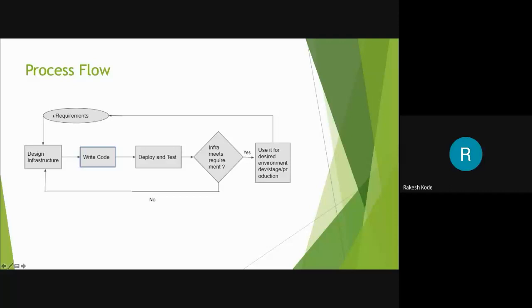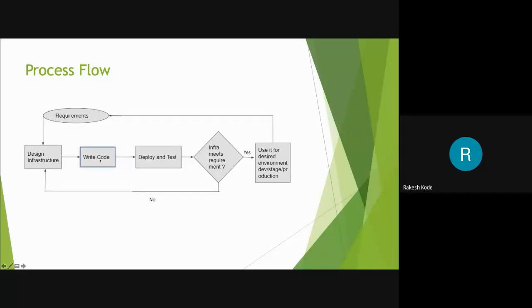Everything starts with the requirements. Once we get the requirements, we design the infrastructure. Since we're talking about the cloud, Azure and AWS, we decide what all resources we need for that project. Once the design is done, we go ahead and write the code.